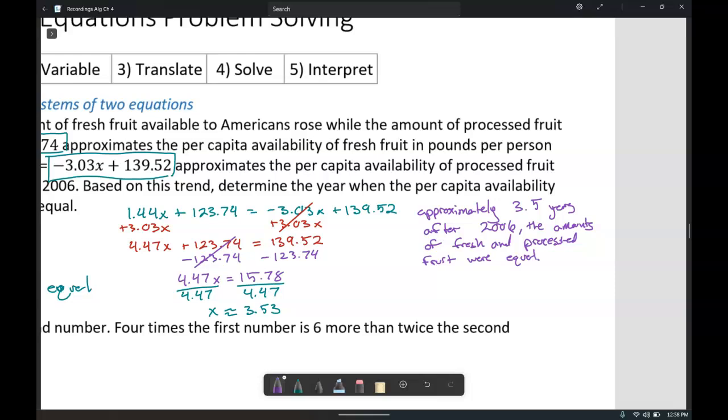That's because x is the number of years after 2006, and y is the amount of processed and fresh fruit, and those amounts should be equal.